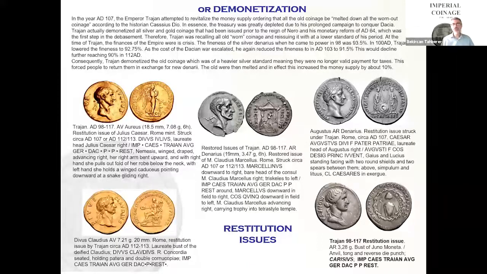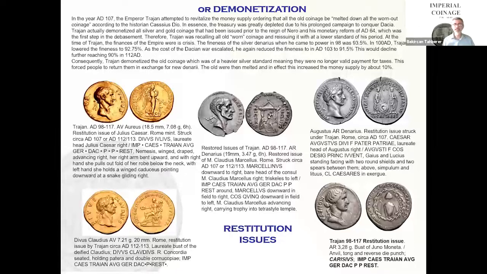And what he did was he collected all the coins that he could collect from the hands of the people and melted them down and restruck them in reduced weight. But he used this in such a way that he called it restoration of ancient coinage of the Roman people.